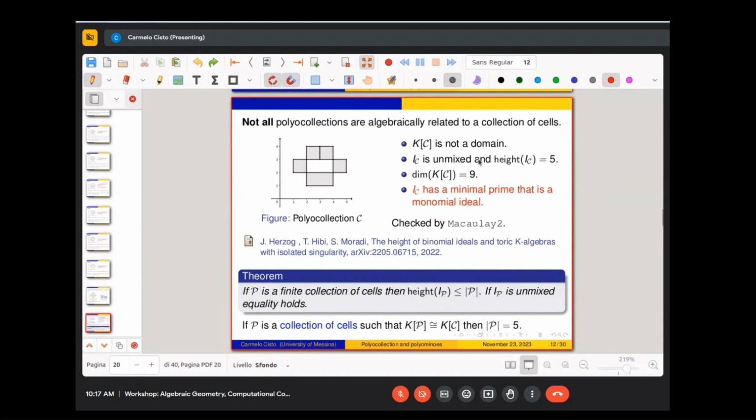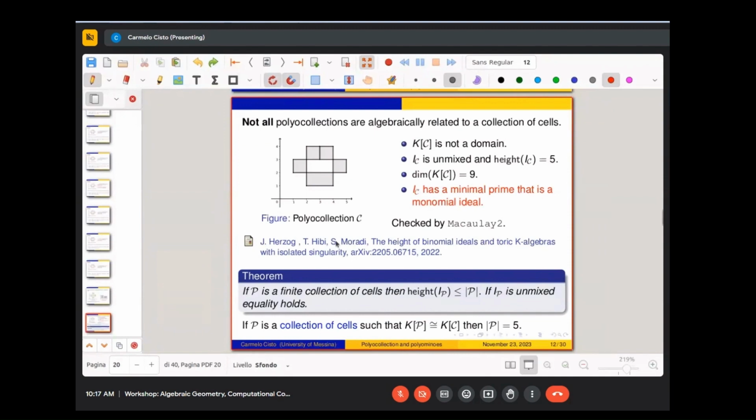The height of the polyomino collection ideal is 5 and it is unmixed. The Krull dimension of the coordinate ring is 9, and computing the minimal primes, we find some minimal primes that are a monomial ideal.